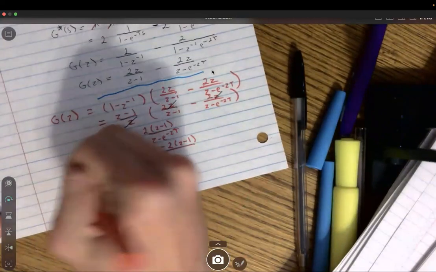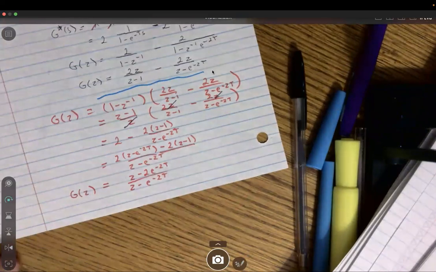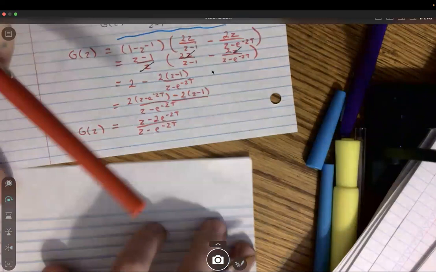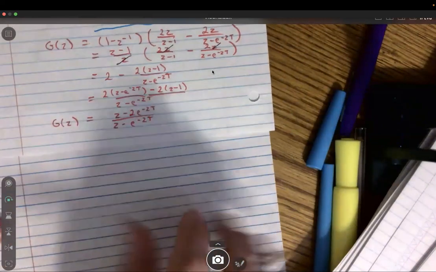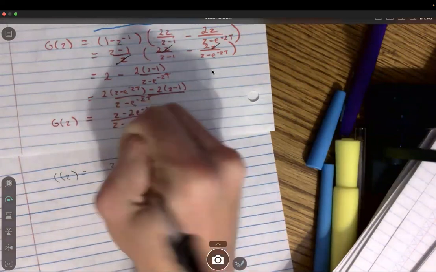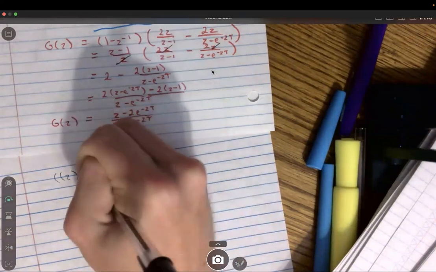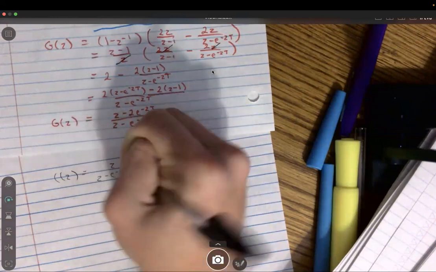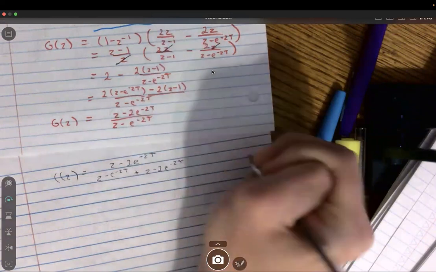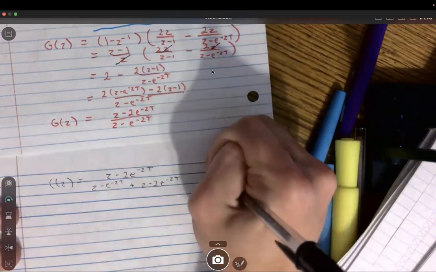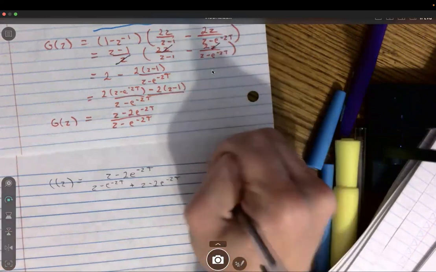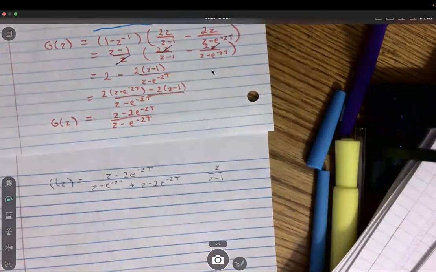To find our C of Z, we have Z minus 2e to the negative 2T over Z minus e to the negative 2T, plus Z minus 2e to the negative 2T, and then times your R of Z, which remember is just Z over Z minus 1, because that's what we have for a unit step input.